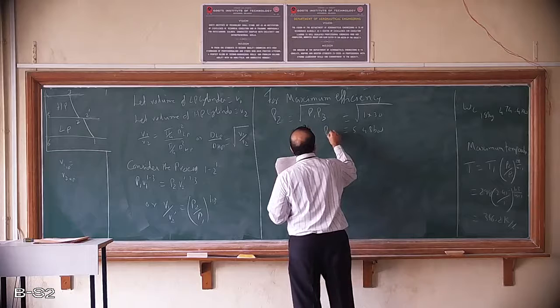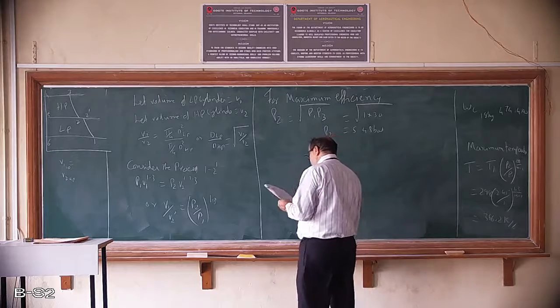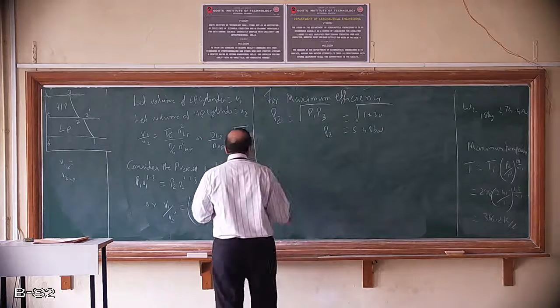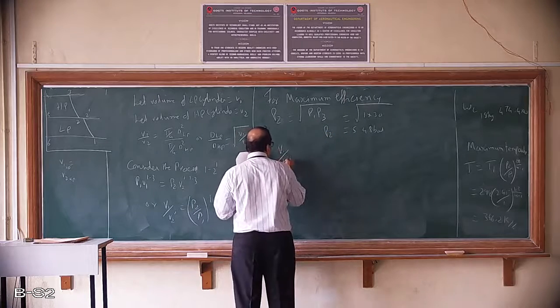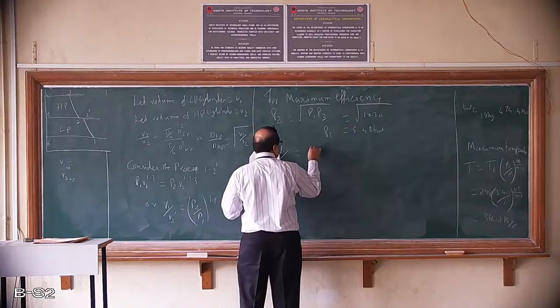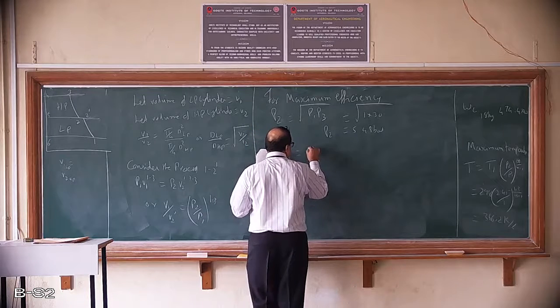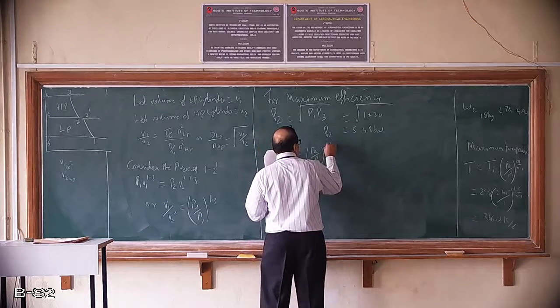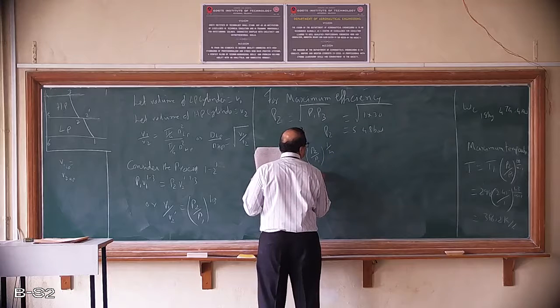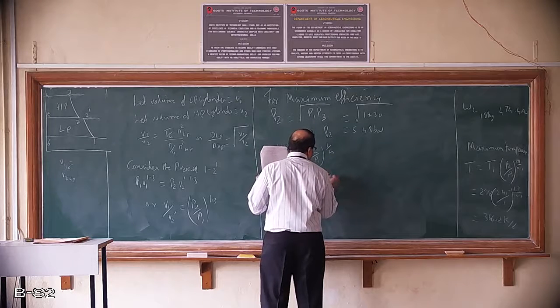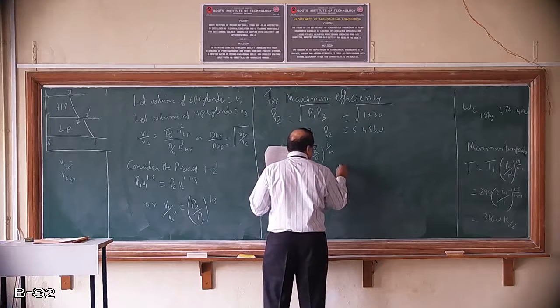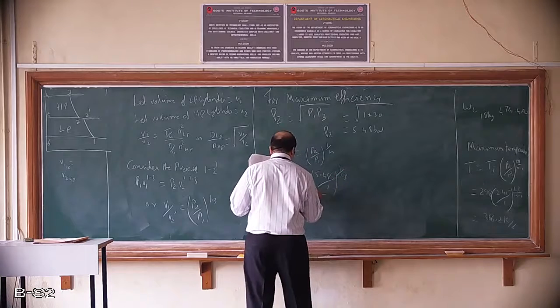So P2 is equal to 5.48 bar. So V1 by V2 dash is equal to P2 by P1 to the power of 1 by n. So that is 5.48 divided by 1, to the power of 1 by 1.3.